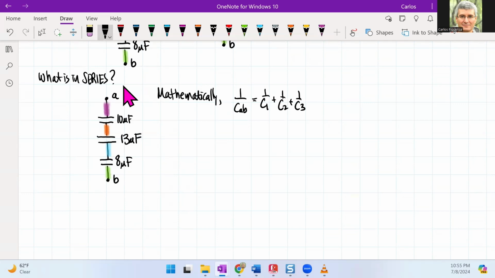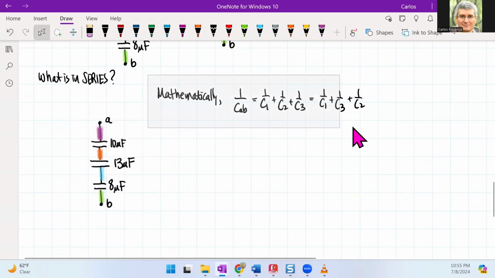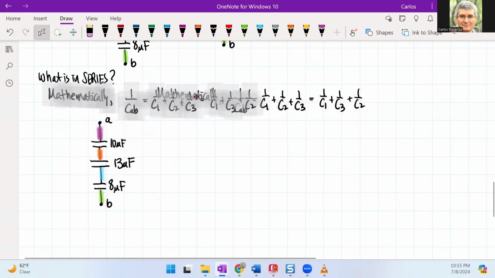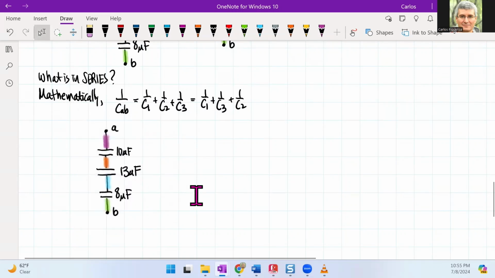And by the way, because I'm adding numbers, I can also manipulate these guys so that I could have C1 plus C3 plus C2. I can manipulate these any way I want. So let me adjust this a little bit, and then let me show you what this means. So I can move capacitors around. I don't have to keep them in this combination.